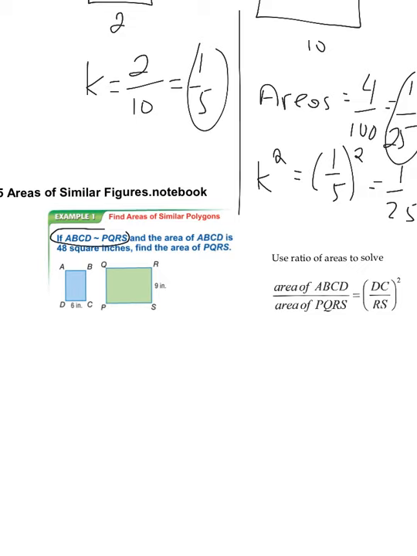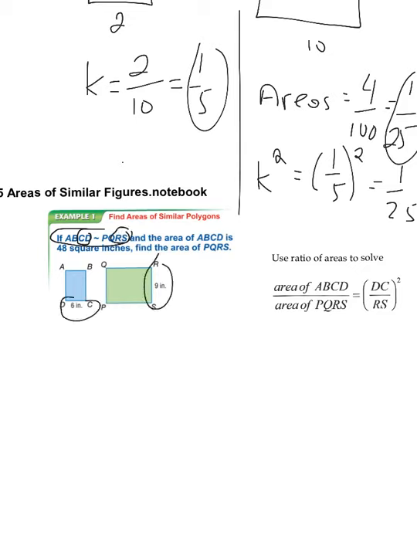First thing you should notice is that the quadrilaterals are kind of rotated, okay? So do we agree that DC, or CD, the last two letters, correspond to RS?